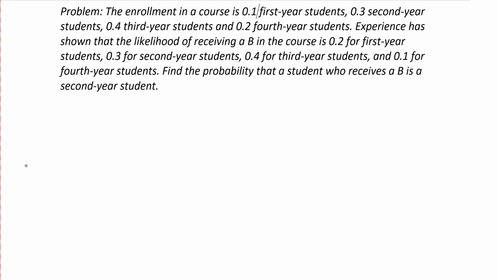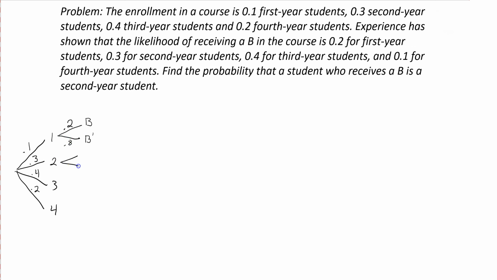Let's begin by starting with a tree diagram. We have first, second, third, and fourth-year students with the probability of 0.1, 0.3, 0.4, and 0.2. Then it talks about receiving a B. A first-year student receives a B 0.2, which is 20%, and not a B, the rest.